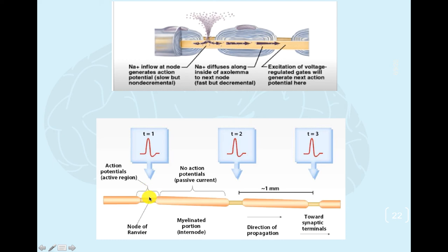Saltatory conduction is the jumping of the action potential, because sodium comes in at one node and then a moment later at the next. You can think of the sodium jumping from node to node to node. And remember the refractory period?